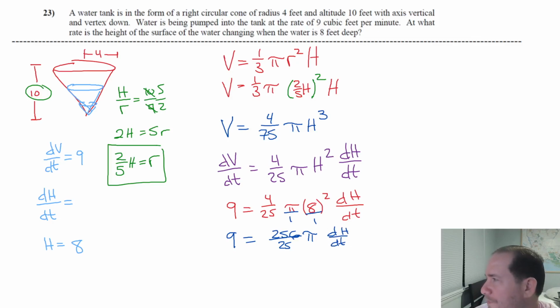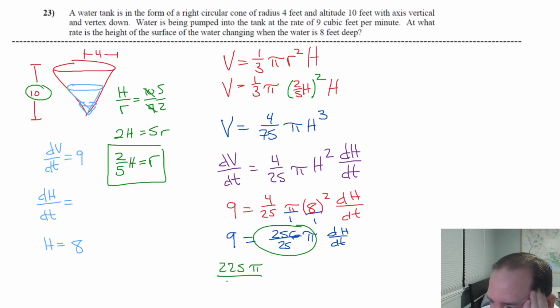So the good news is we solved this pretty easily. Don't imagine dividing by all this. Imagine multiplying by the reciprocal instead, and that should seem easier. So 9 25ths are 225. That feels low. I'm going to double check that answer, but I think that's right. So this will end up giving you 225 pi divided by 256, because remember we multiplied by the reciprocal, and that got us dh/dt all alone.